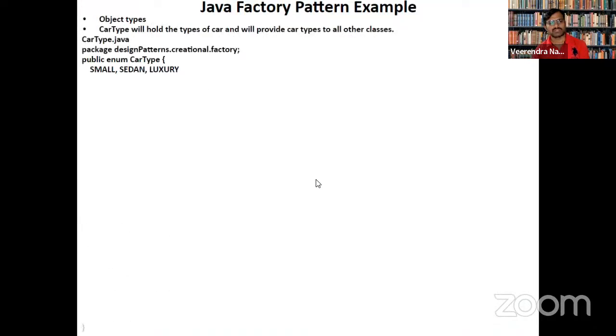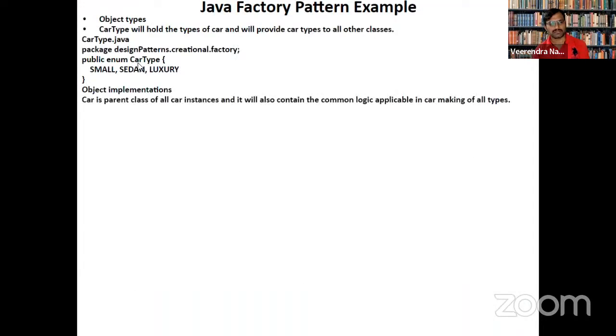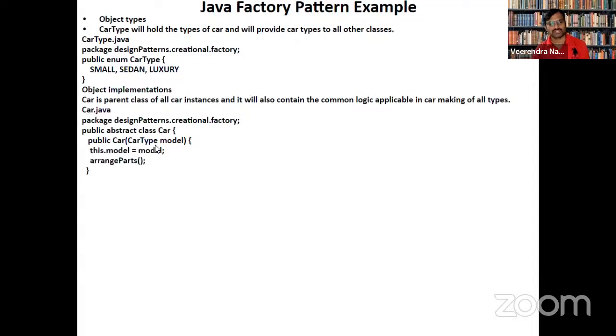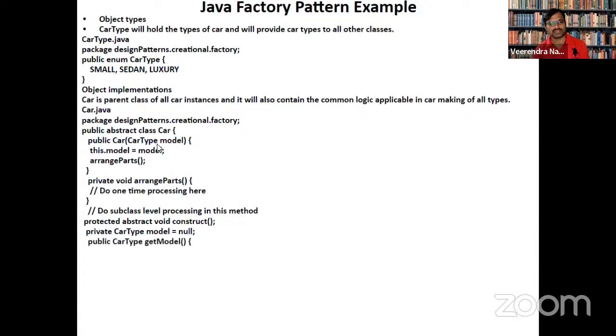Then we went with the implementation of CarType.java. It was the creation of the enum of car type: small, sedan, and luxury. Then we went with the implementation of Car.java, wherein we had the constructor Car, and then the getModel and setModel.